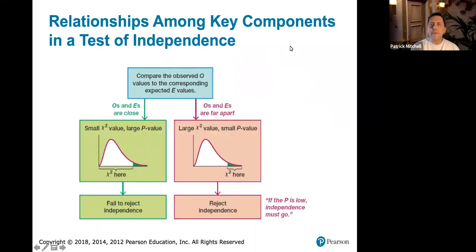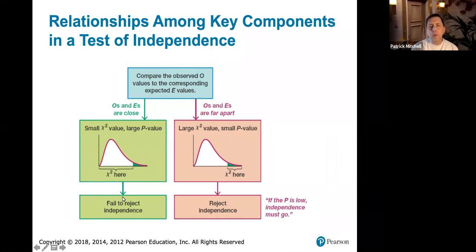The relationships among key components in a test of independence: compare the observed O values to the corresponding expected E values. And if the O's and the E's are generally pretty close together, then that means that the sum of O minus E squared divided by E will be relatively small, which means it'll lie in this white region here somewhere.